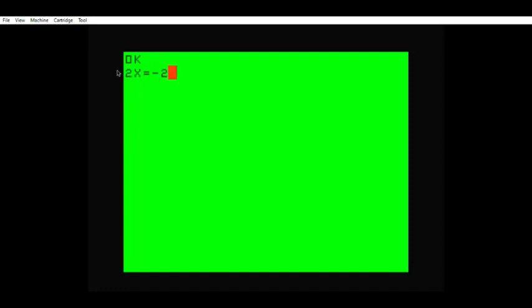If you divide 2x by 2 and you divide the right side by 2, you get x equals -1. But when the computer does that division, for some reason it loses a small portion of the answer, and I don't know why. So that's the third problem with this, but overall it works pretty good. And you know, it gives you the right answer most of the time. I mean, for a 1982 color BASIC, I think that's pretty good.